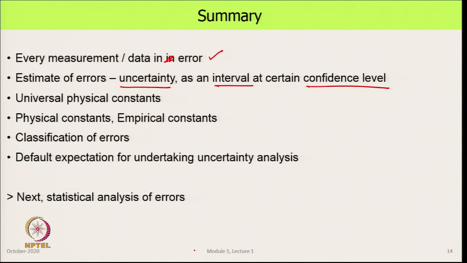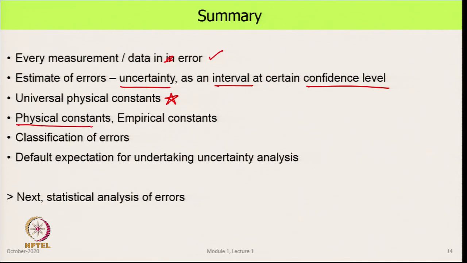Then we learned that there are some things in the world which are absolutely exact, the universal physical constants, and we got their values. Everything else in the world is either measured, or we make measurements and use the universal physical constants to calculate the values. We saw some examples of that.